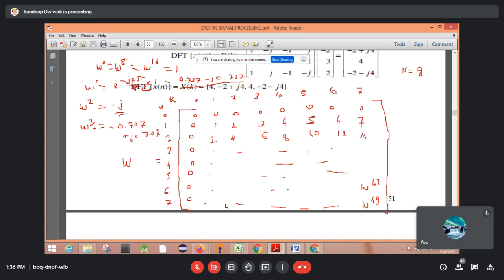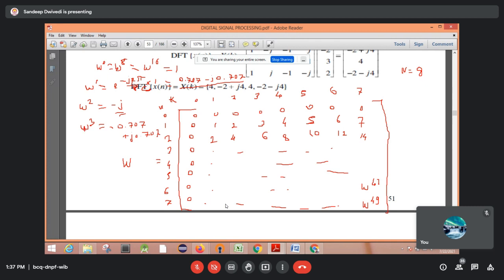You can verify in your calculator. You will get this value minus 0.707 plus 0.707. Okay, so now w raised to power 3 plus 8 means 11 is having same value. Then 11 plus 8 means 19 having same value. Then 19 plus 8 means 27. W raised to power 27 will have same value. Okay, in your matrix you can put this value.